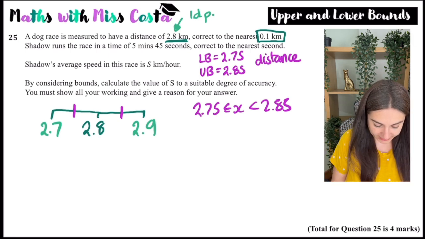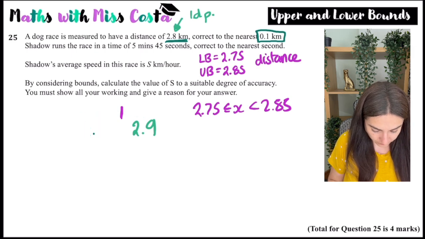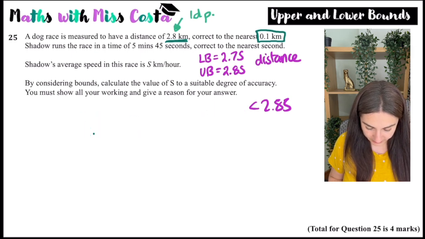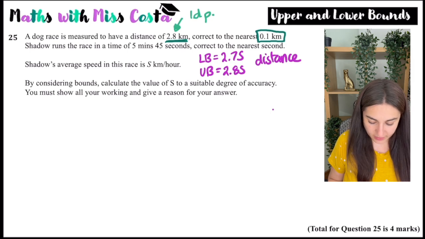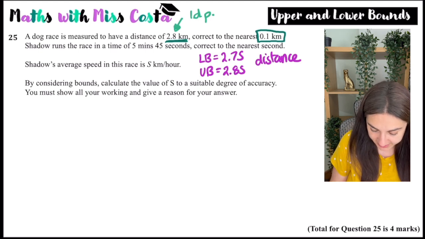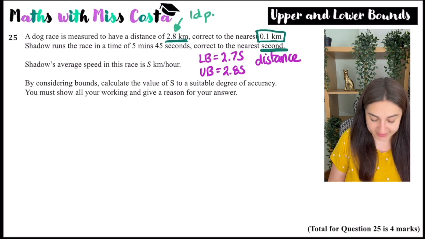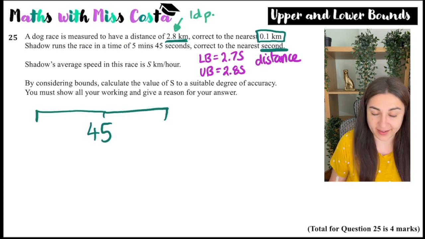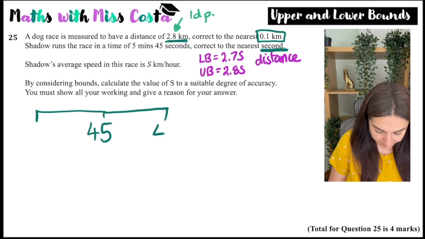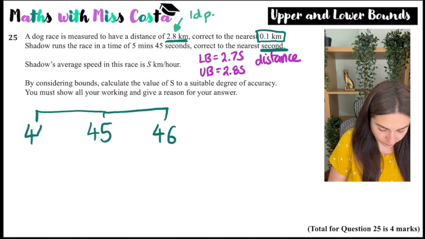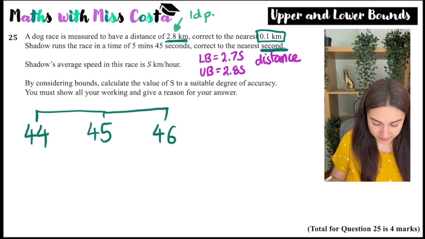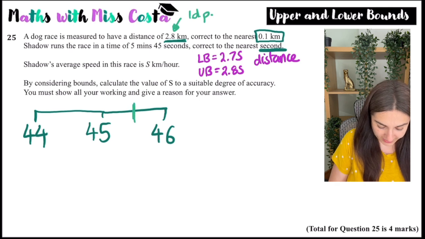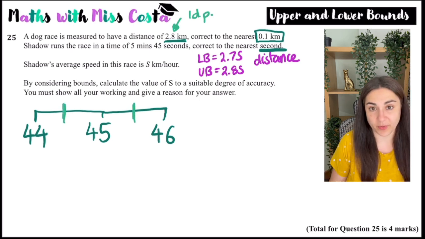Then let's do the same for the time. Now, okay, it is a little bit tricky because it's got seconds and all of that, but 5 minutes, 45 seconds, correct to the nearest second. All we need to do is consider the seconds. So 45 seconds to the nearest second. What are the seconds surrounding 45 seconds? That would be 46 and 44. So halfway is the upper and the lower bound.